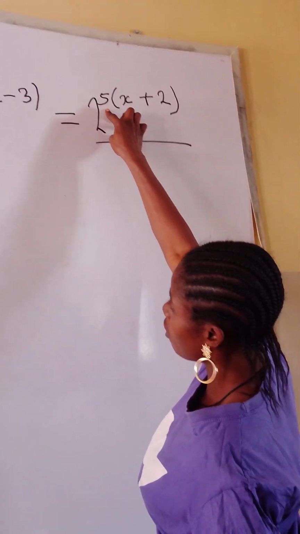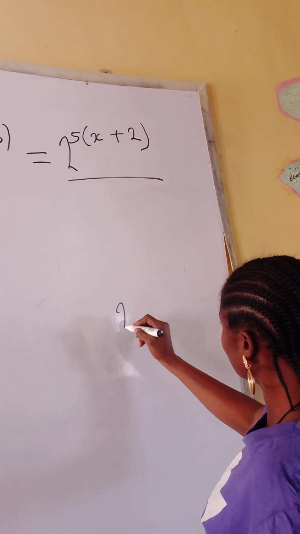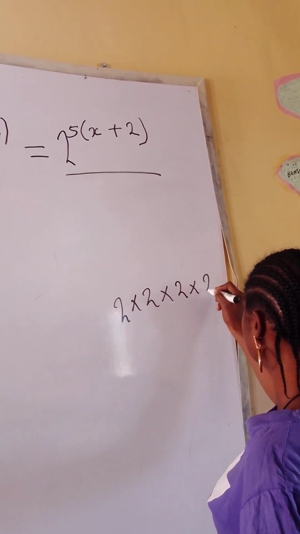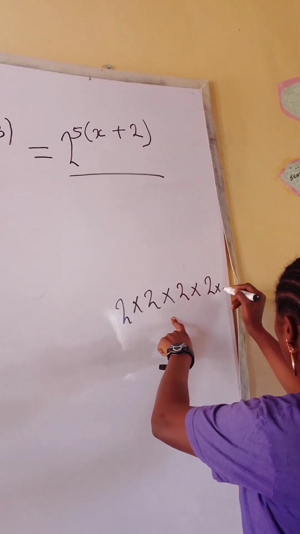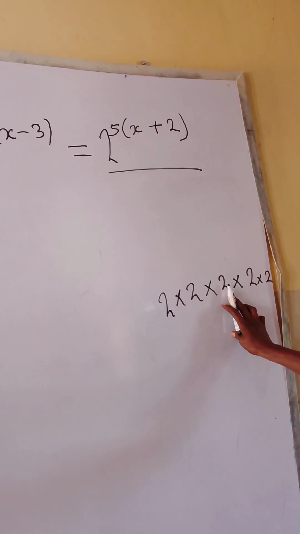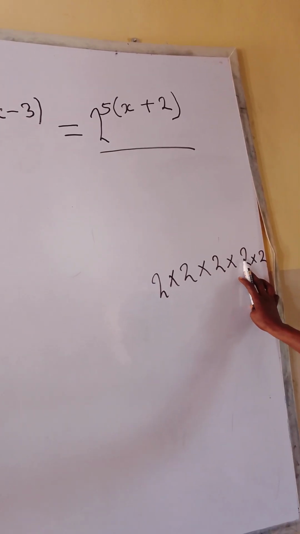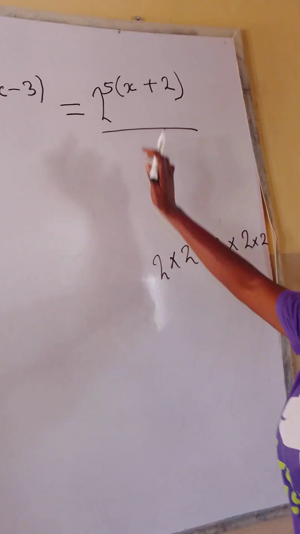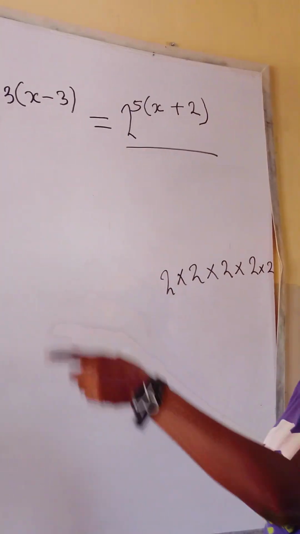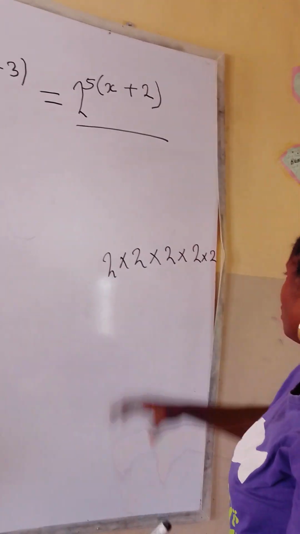This 2 raised to the power of 5 is the same thing as 2 times 2 times 2 times 2 times 2. Because 2 times 2 is 4, times 2 is 8, times 2 is 16, times 2 is going to give us 32. That is why we represent it with 2 raised to the power of 5.